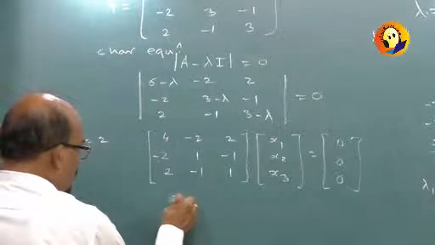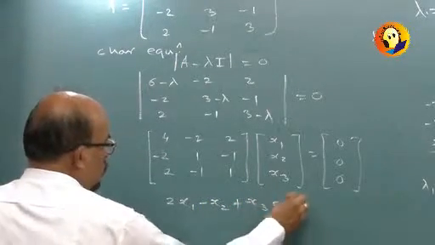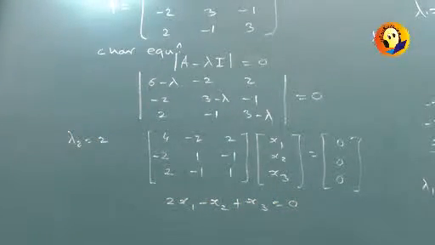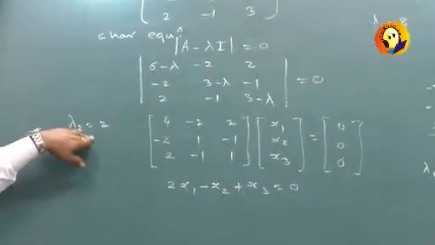So ultimately the equation is 2x1 minus x2 plus x3 equal to 0. So we end up here, and even if we substitute next time 2, it is going to be the same thing.